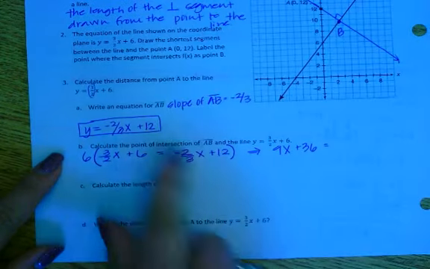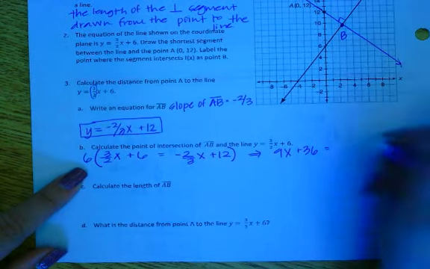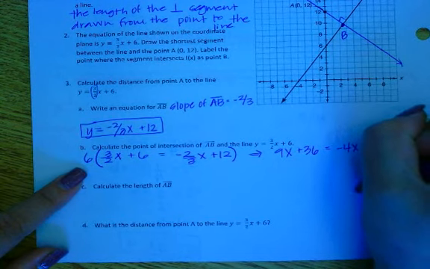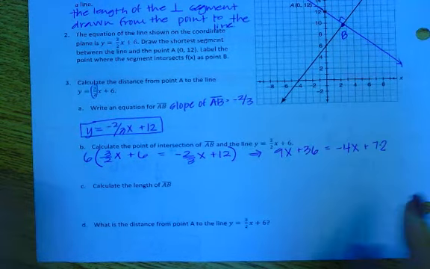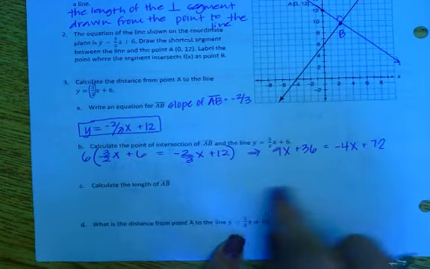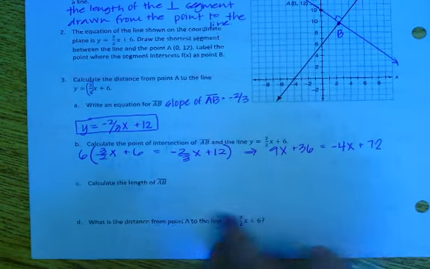What's 6 times a negative 2/3? 4x. Very good. What's 6 times 12? 72. Okay, so now this equation is a whole lot easier to solve than the fractions. I know a lot of us aren't good with fractions, so try to ditch them when you can.